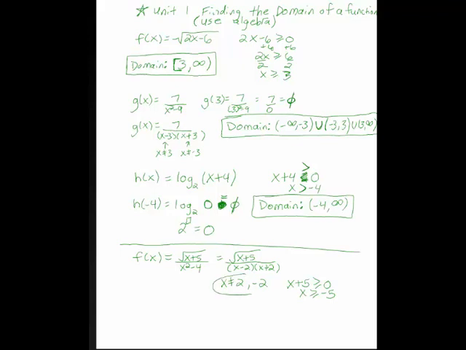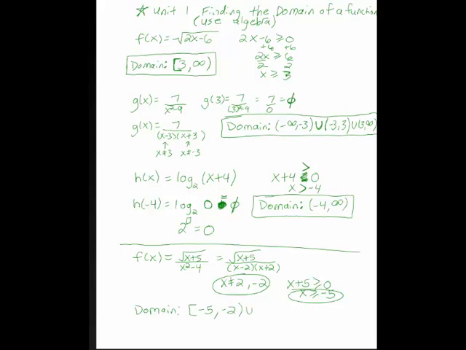Now I have to incorporate all three of these ideas into my domain. x has got to be bigger than or equal to -5, but it can't be 2 and it can't be -2. So here's my domain. -5 is the smallest number I can plug in, so -5 up until -2.